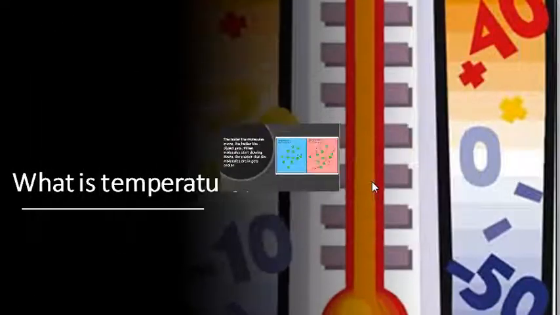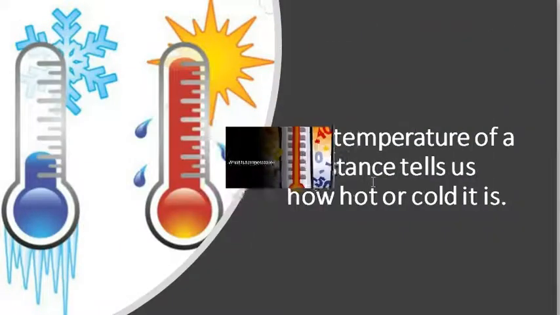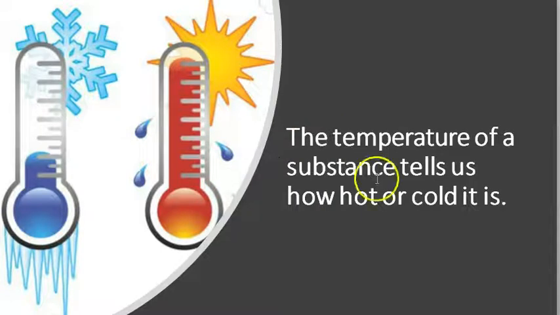The new topic is temperature. What is temperature? Mostly students just think, I have a fever, I have a temperature, right? But no. The temperature of a substance tells us how hot or cold it is.